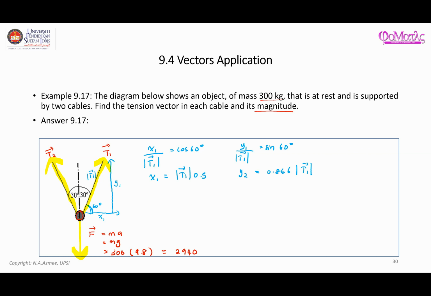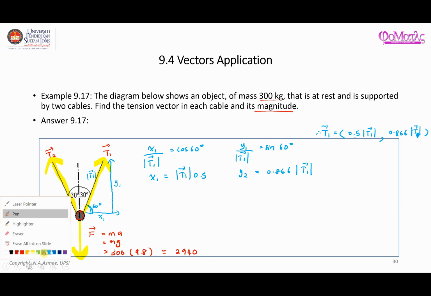Because of that we can write vector t1 as 0.5 times the magnitude of vector t1, in the positive direction, and 0.866 times the magnitude of vector t1, which is also positive. So this is the first component, component x, and this is the second component, component y. Alright, next we move on to the second vector.